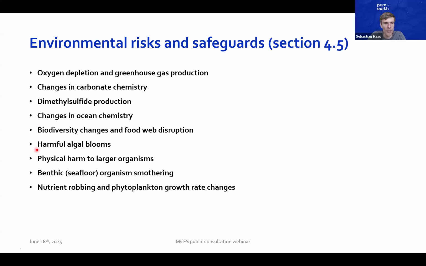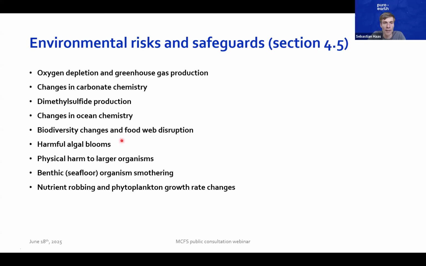Then maybe another group here is changes in biodiversity, with the almost worst-case scenario, at least in this subsection, of a harmful algae bloom. For this, we've put requirements into place to monitor the microbial biodiversity at the deployment site using environmental DNA techniques like 16S rRNA gene sequencing and 18S rRNA sequencing, to take stock of and monitor the microbial communities in the place.